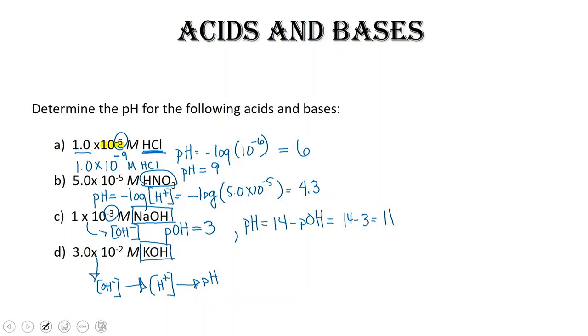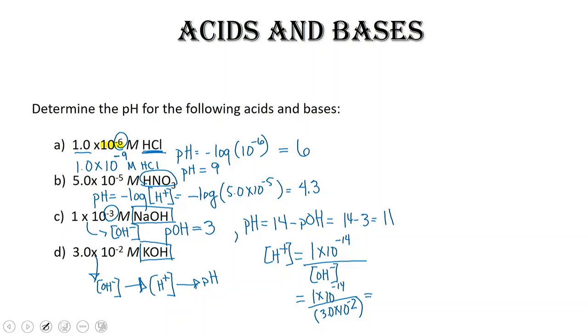So based on our slide from before, our hydrogen ion concentration is going to be equal to 1 times 10 to the minus 14 divided by the OH minus concentration. So that's 1 times 10 to the minus 14 divided by 3.0 times 10 to the minus 2.